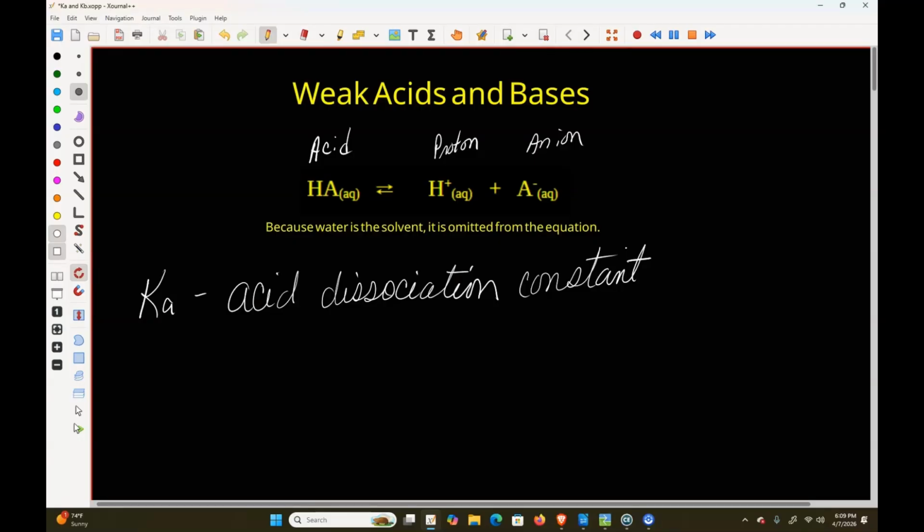And if it's very, very small, that shows that it's a weak acid. So the size of the Ka shows the strength. Same thing for Kb. Kb will be the base dissociation constant.